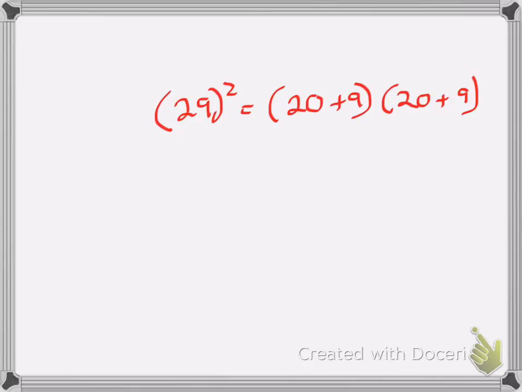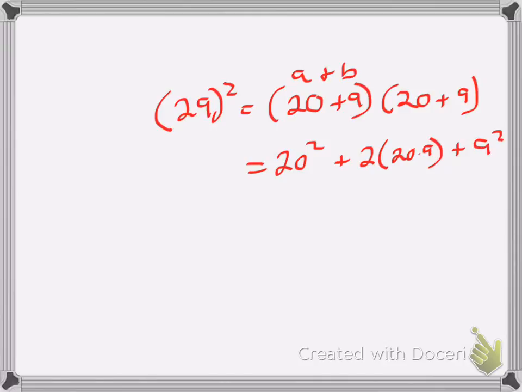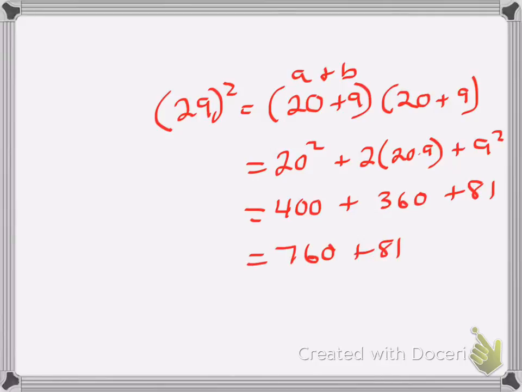And remember, if this is A plus B, my A squared would be 20 squared plus 2 times A times B, 20 times 9, plus 9 squared. So what does that equal? 400 plus 360 plus 81. That's 760 plus 81 is 841.